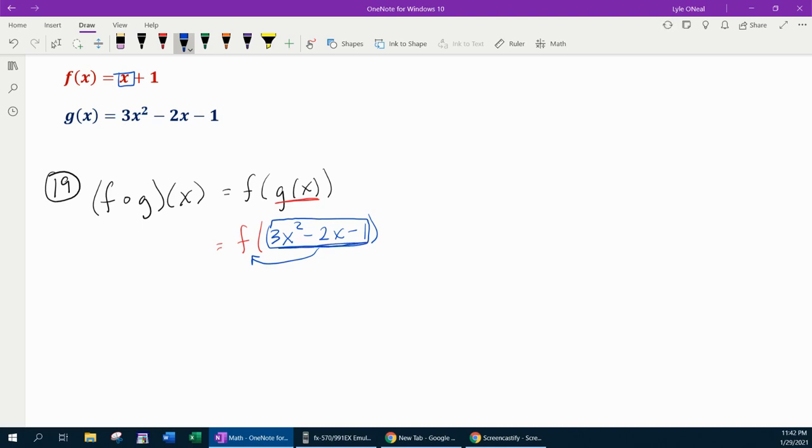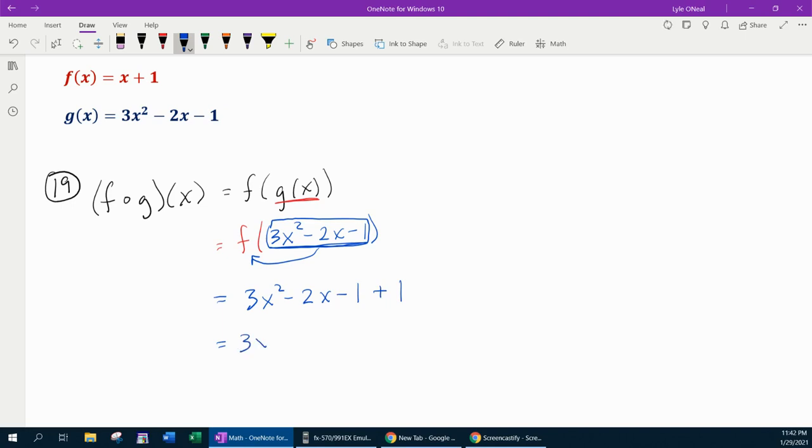This trinomial is going to take the place of the x in f of x. Now, what is that going to look like? Well, that's going to be 3x squared minus 2x minus 1, all of that in place of x, and then plus 1. And then we'll need to simplify.